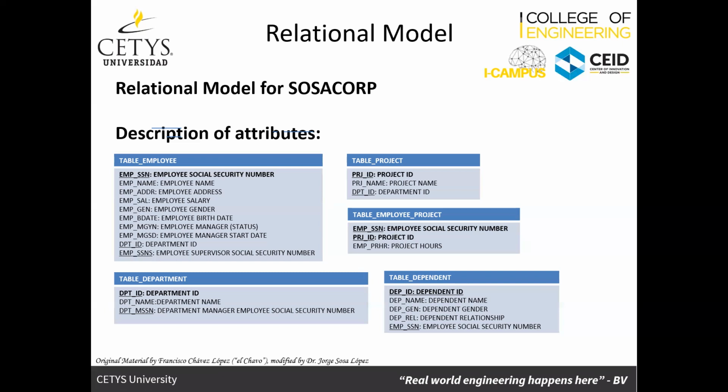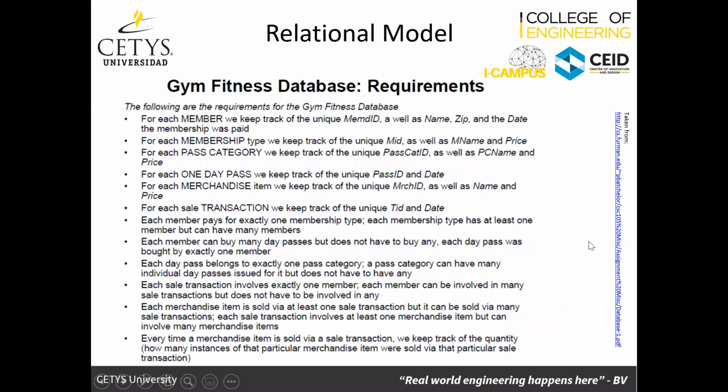This is where we're going to be getting at with your application projects as well. Okay, so remember the gym fitness exercise you guys did? You had this gymnasium that had memberships. It had sold merchandise.